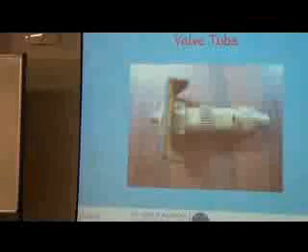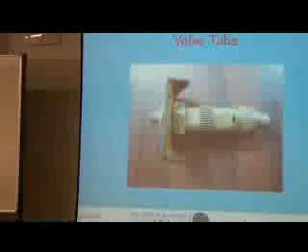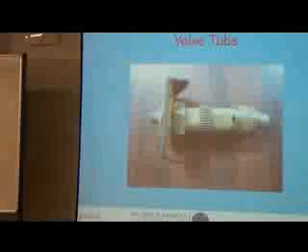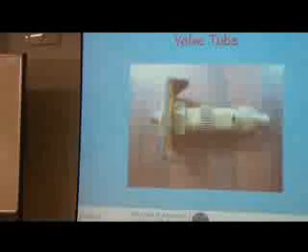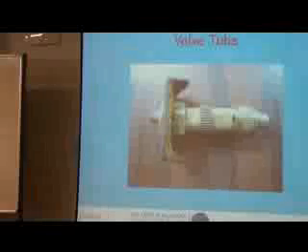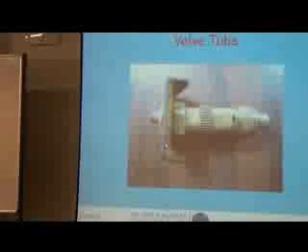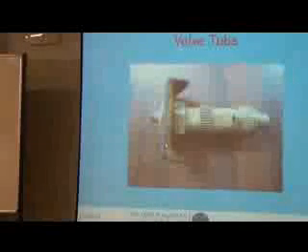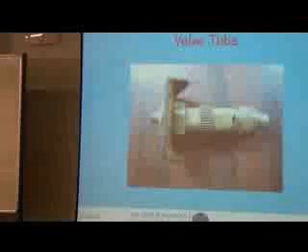Then when I tighten the whole thing, this whole assembly should not rotate. So what happens is, in this particular part, there is a slot like this.